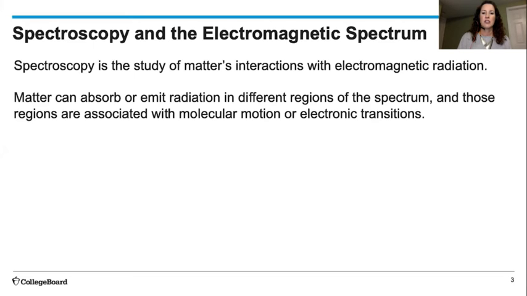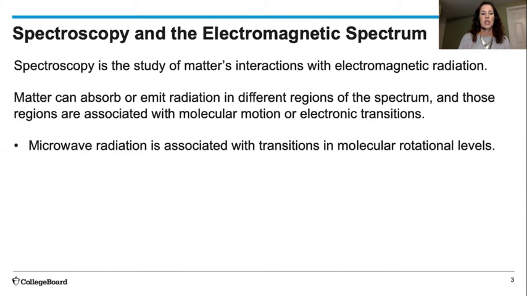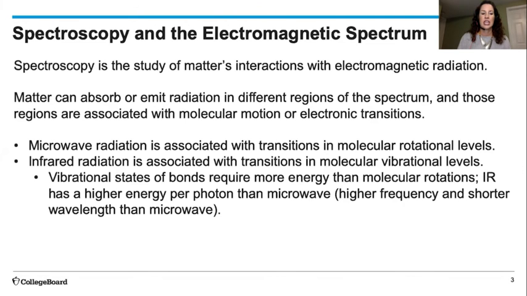Spectroscopy is the study of matter's interactions with electromagnetic radiation. Matter can absorb or emit radiation in different regions of the spectrum, and those regions are associated with molecular motion or electronic transitions. Microwave radiation specifically is associated with transitions in molecular rotational levels. Infrared radiation is associated with transitions in molecular vibrational levels.